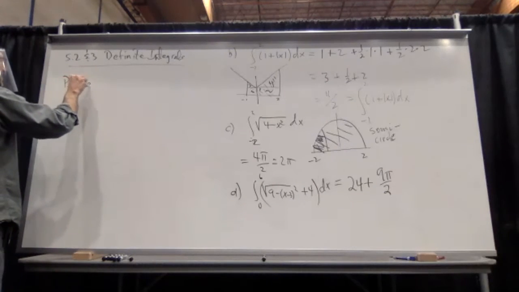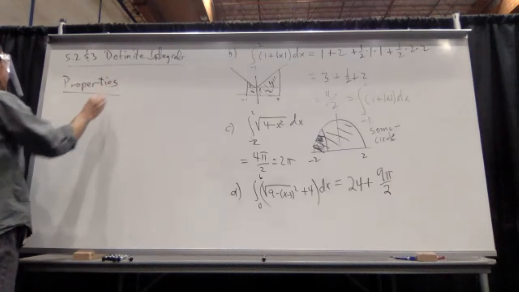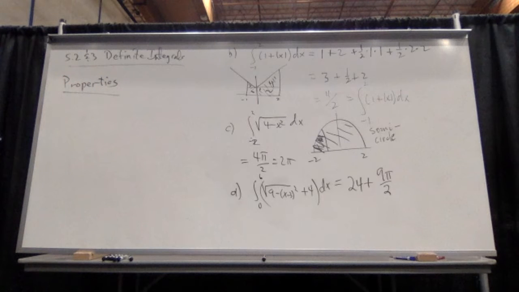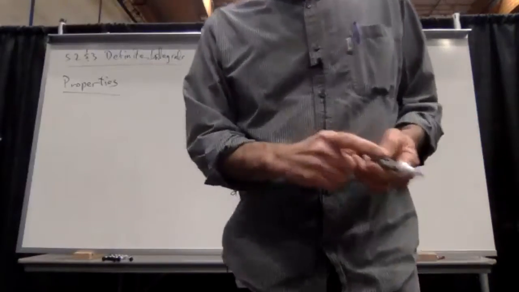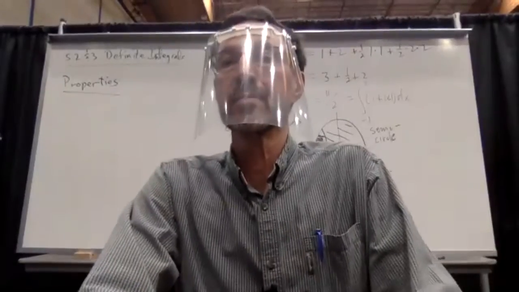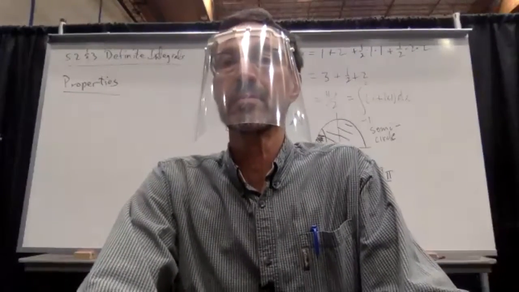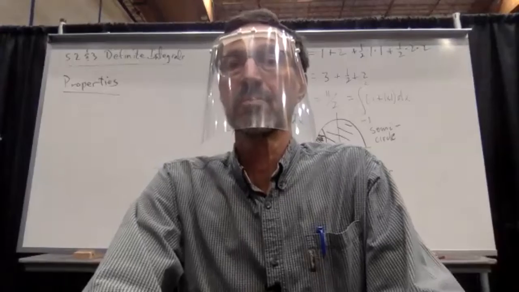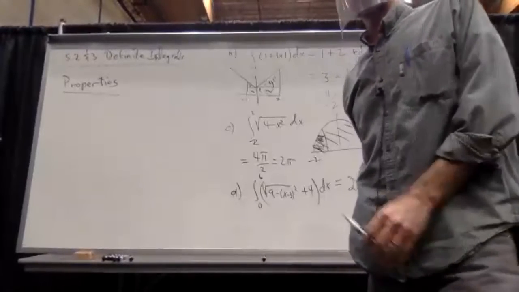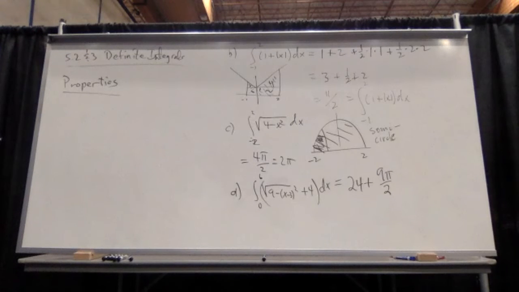Properties. So everything we've talked about, limits, sums, derivatives, indefinite integrals, as soon as we define what they are, we list a bunch of properties they satisfy, right?